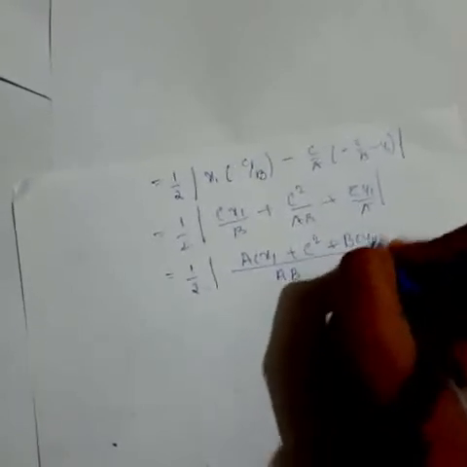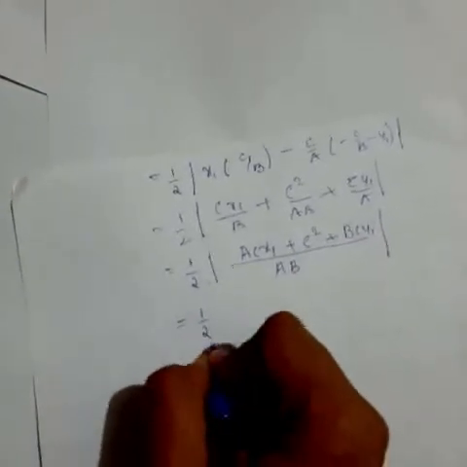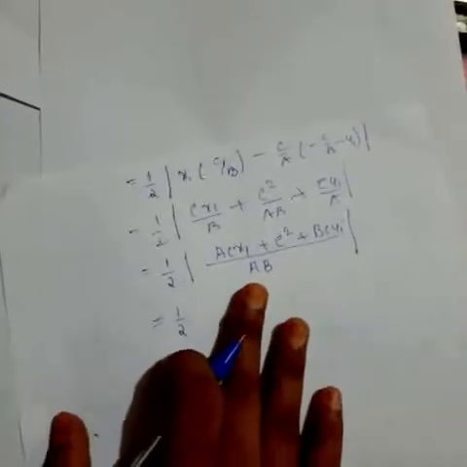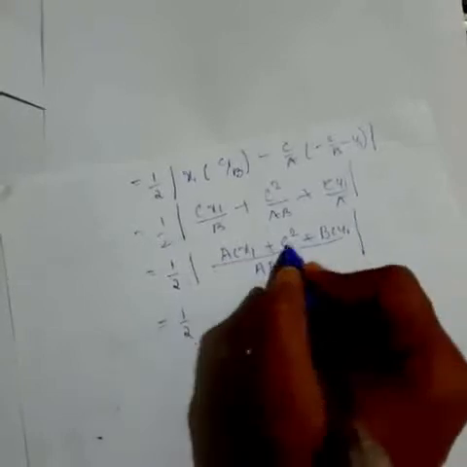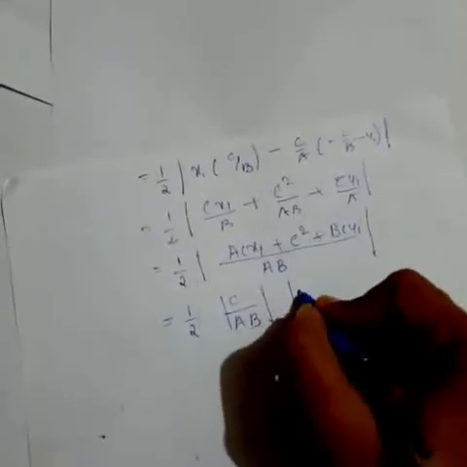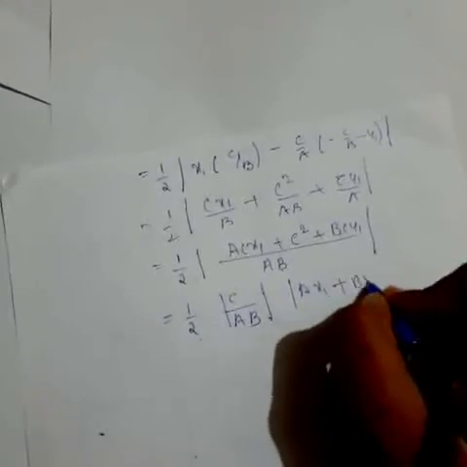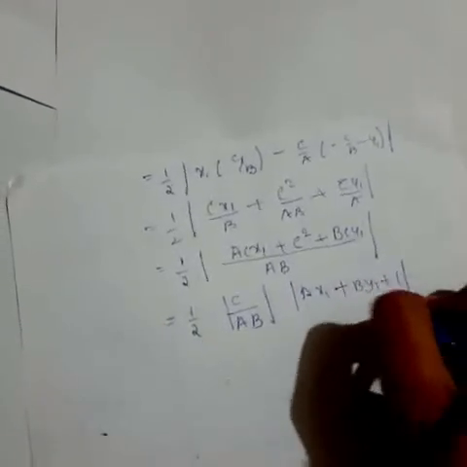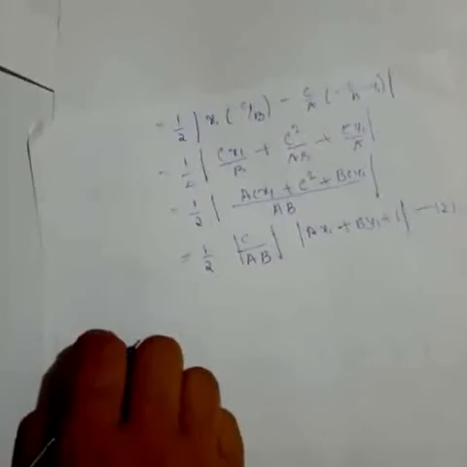Then b c y1, this is the determinant. Now this half is as it is. Now take common c from every term, divided by ab. Then this is one term. The remaining terms are a x1 plus b y1 plus c. This is one determinant. This is your equation number 2. This is the area of the triangle PQR.